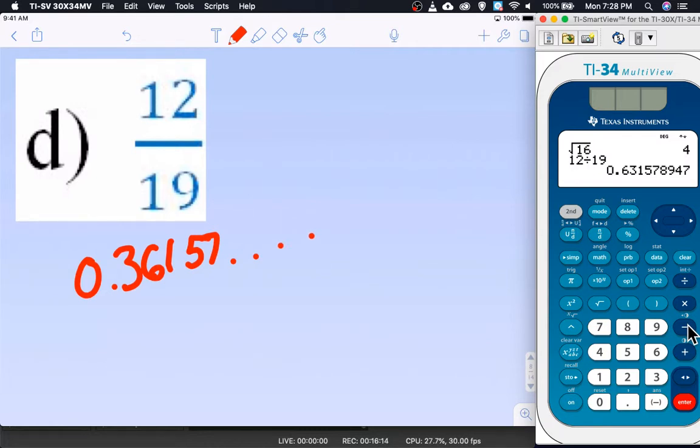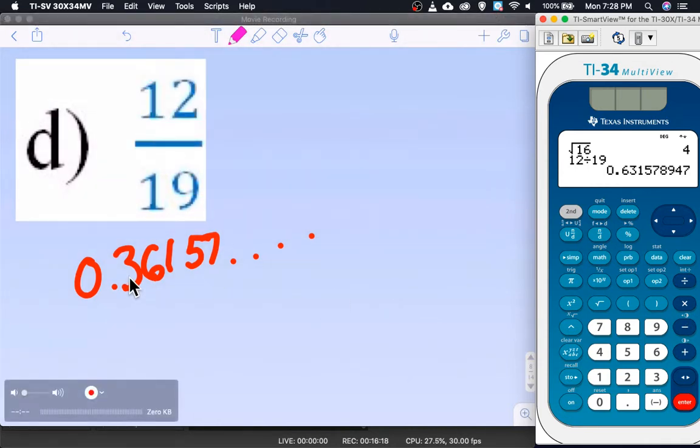Now, if we're rounding to the nearest thousandths, we've got tenths, hundredths, thousandths. So this one will be our last digit when we round. We have to decide if this one is going to round up or stay the same.